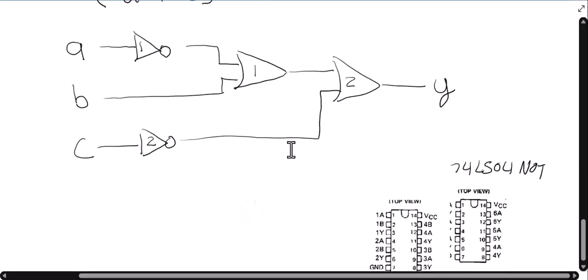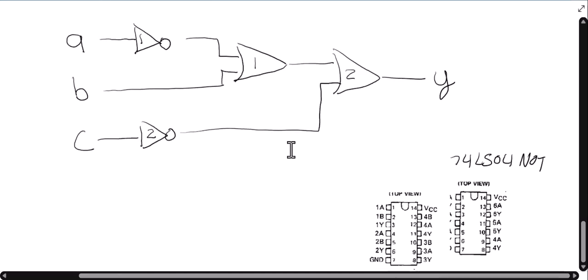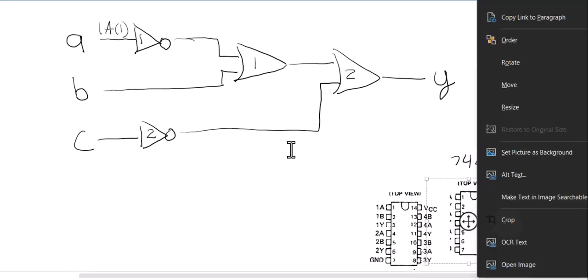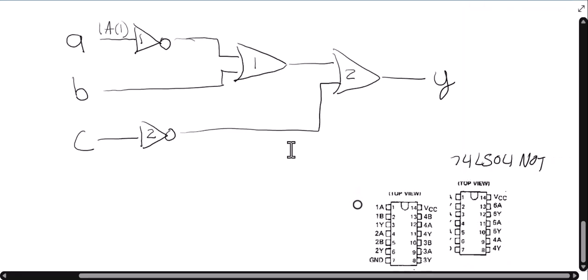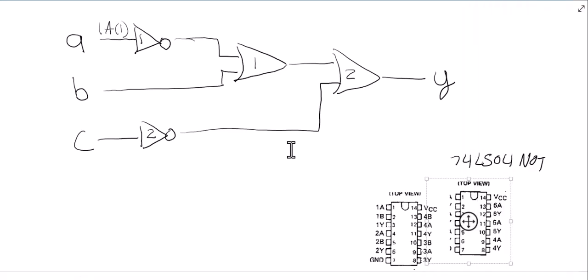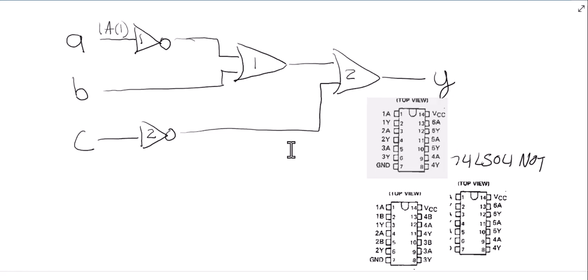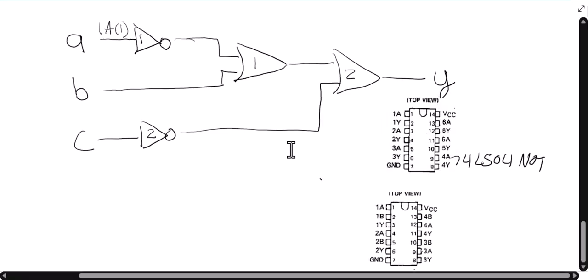So since this is the NOT gate, I'm coming into 1A, and that is pin 1. When I come out, that's actually this one over here, I'm at 1Y, and that's pin 2.